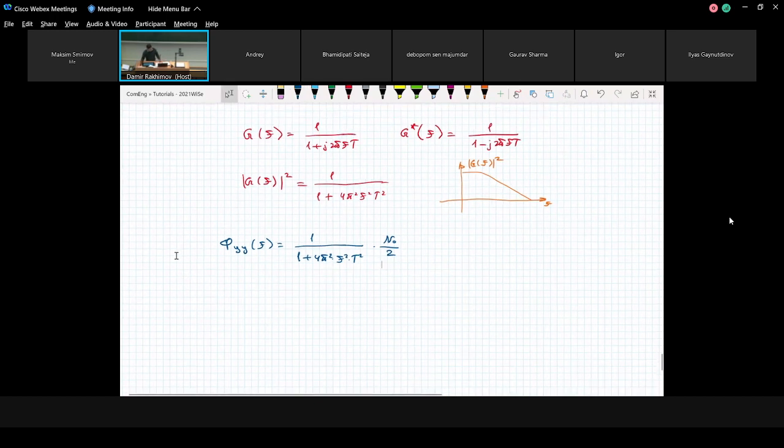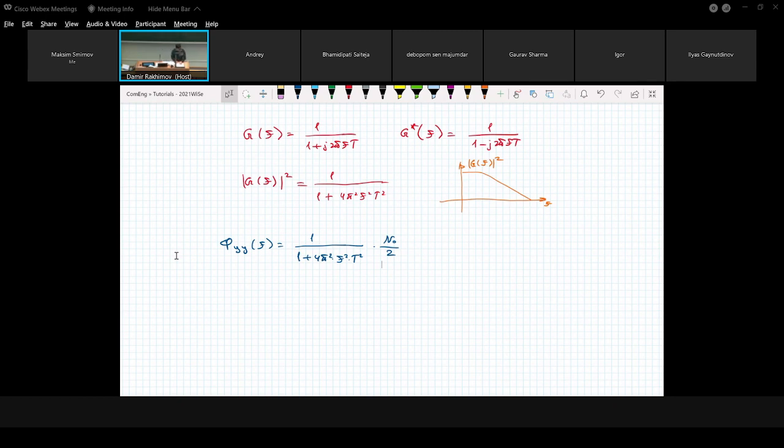Okay, fine. Now we come to the second part, question B, which asks us to determine the RMS value of the output signal as a function of the 3 dB cutoff frequency of the filter. First, we need to understand that we have two parts.